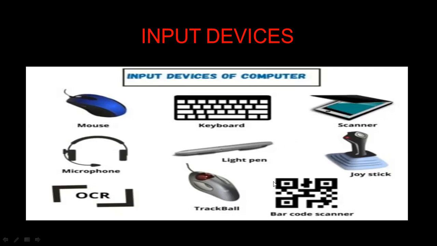He scans the barcode to know the price that is inside the computer. He is going to scan it and he is going to know the price of the thing that you buy.